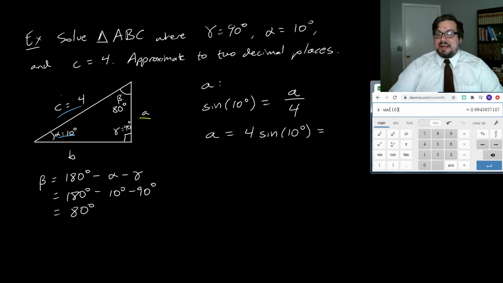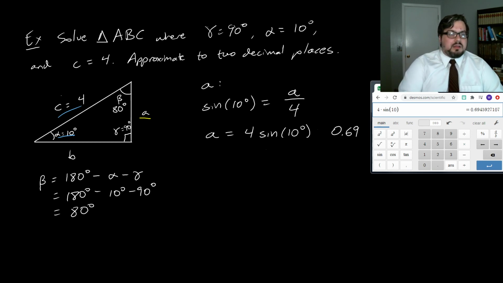And we get that A is equal to 0.69. Approximately. I should write this with the squiggly equals for approximately equal to 0.69.